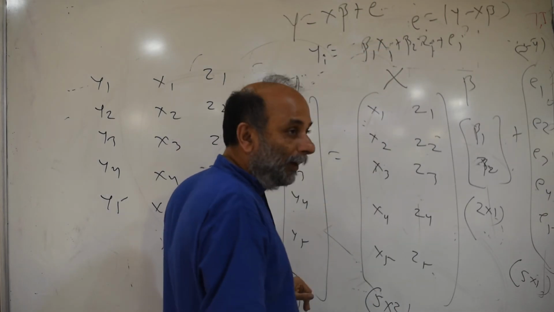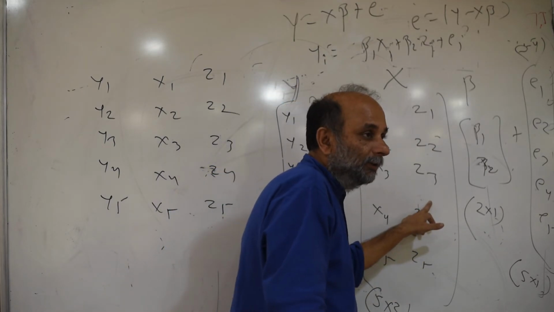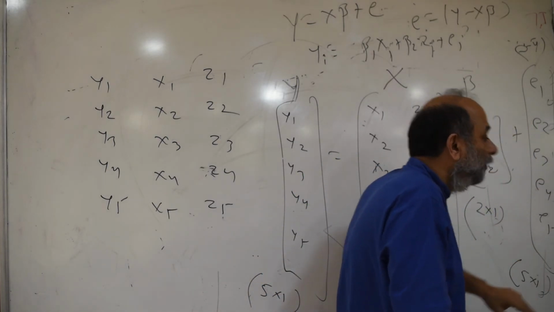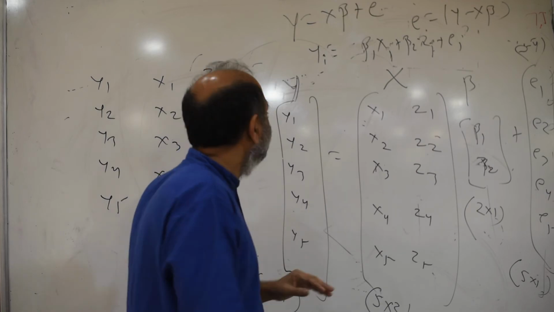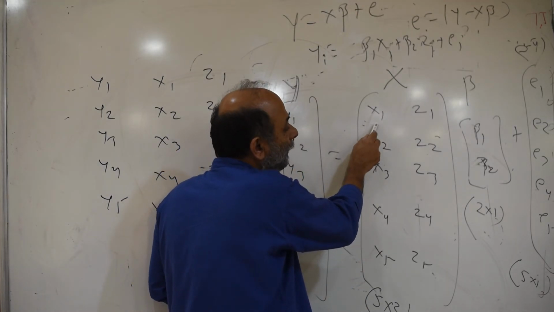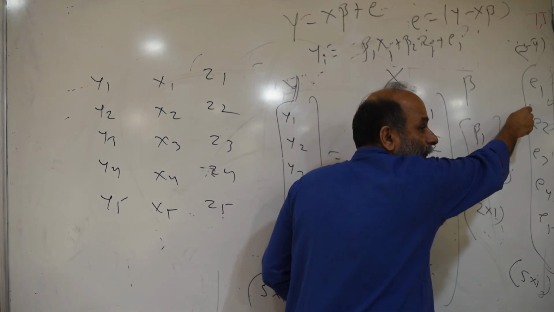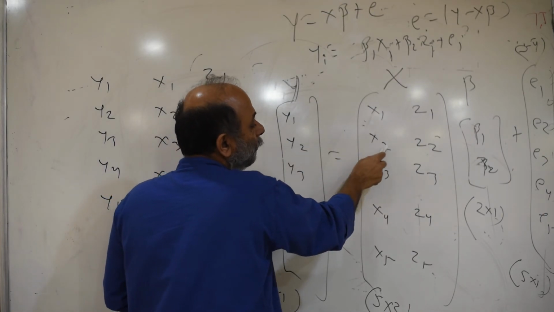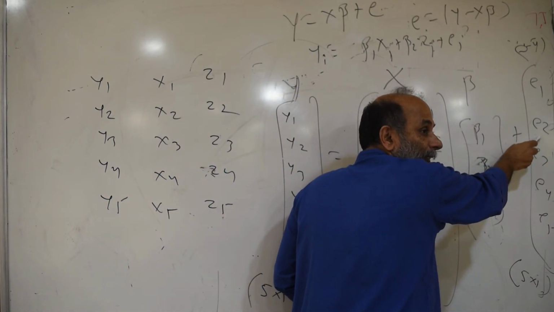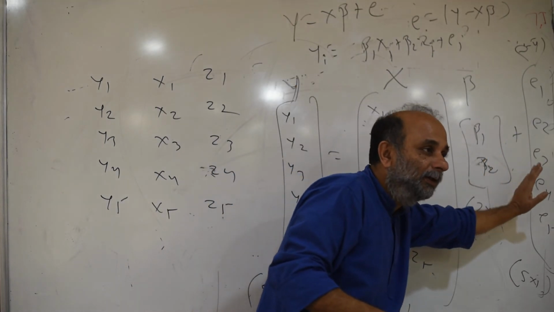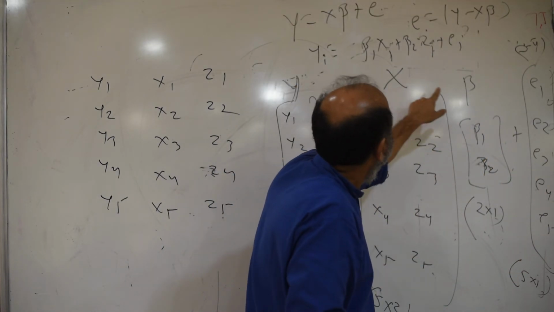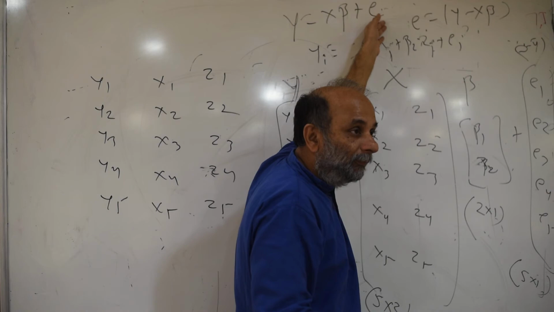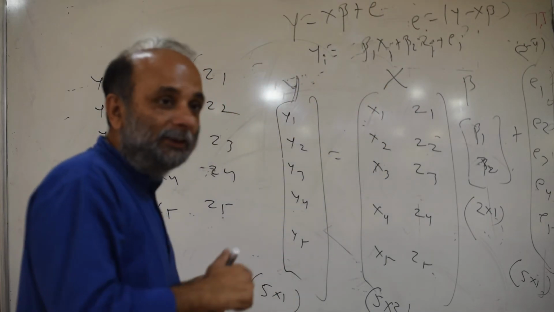Because this is my y matrix, this is my x matrix, this is my beta matrix, and this whole thing is the E matrix. If I multiply this, I get y1 is equal to beta 1 x1 plus beta 2 z1 plus e1. First equation here. Second equation, y2 is equal to beta 1 x2 plus beta 2 z2 plus e2. All these equations can be derived in this form. So if I call this x, this beta, this e, this is actually y, capital Y is equal to x beta plus e. Therefore, e is equal to y minus x beta.